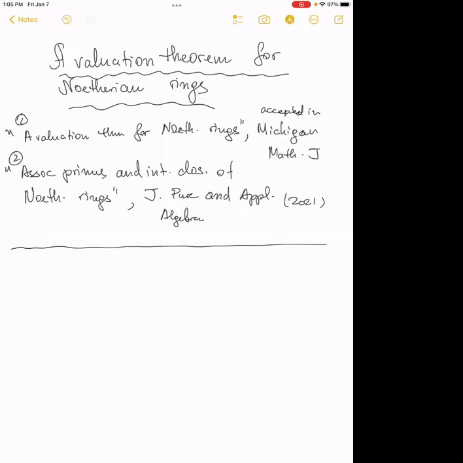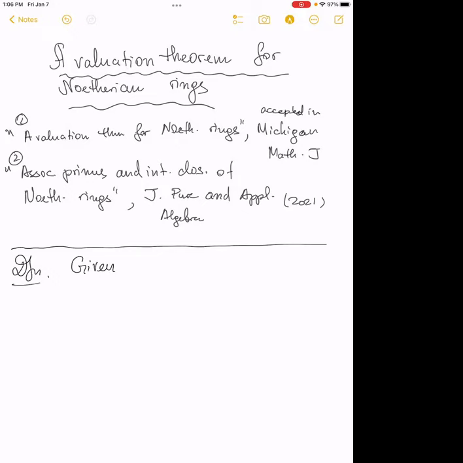What is an integral closure? I know that this is a general algebra seminar, so here I have to specify that I will be dealing with commutative rings, integral domains. Here is a definition.